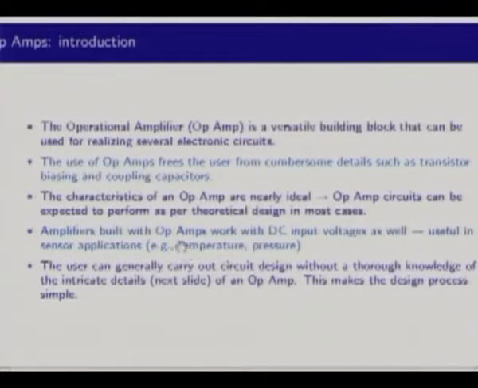Whereas in op-amps, if you make an amplifier like an inverting amplifier or a non-inverting amplifier, it is going to work with DC input voltages as well as time varying input voltages, and that's a very big plus for op-amp circuits, and it's extremely useful in sensor applications where things are more or less steady, they're not transient.